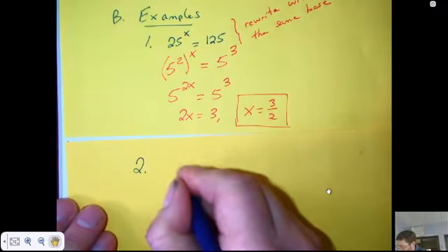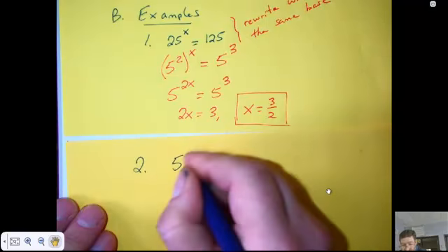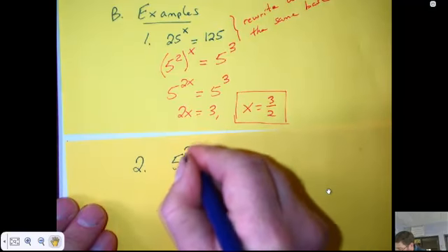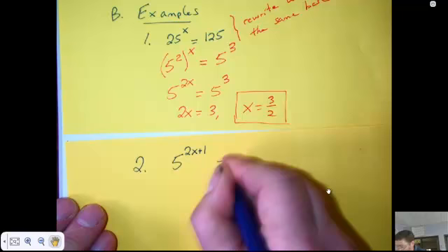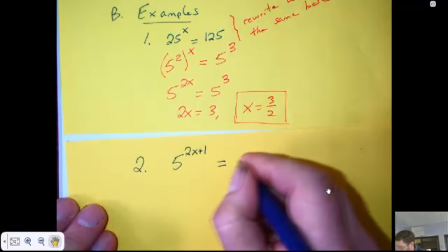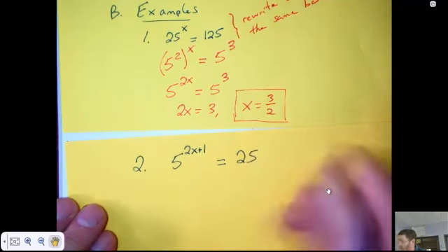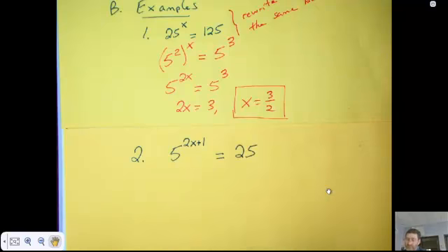My second example, 5 to the 2x plus 1 equals 25. So my first step would be to do what?